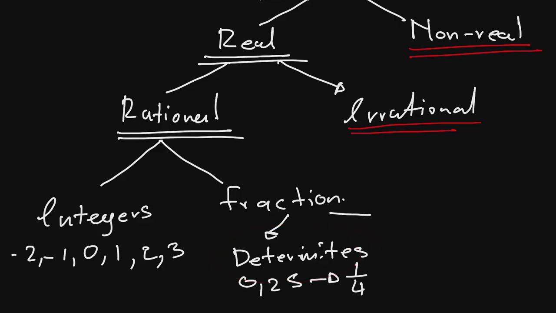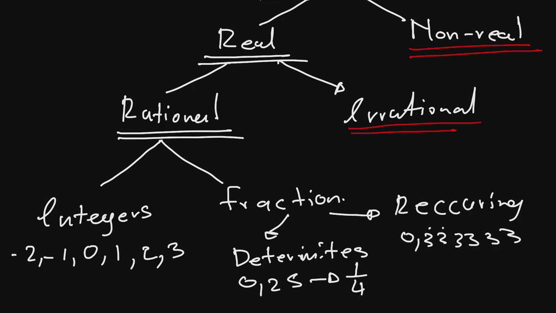But we also have a different type of fraction, which is called a recurring fraction. A recurring fraction simply means you have a number that does not stop after the comma, but it has a specific pattern. For example, we looked at 0.333333, which repeats up to infinity. The way to represent this is to write 0.3 and put a dot. This dot means that the number is recurring.